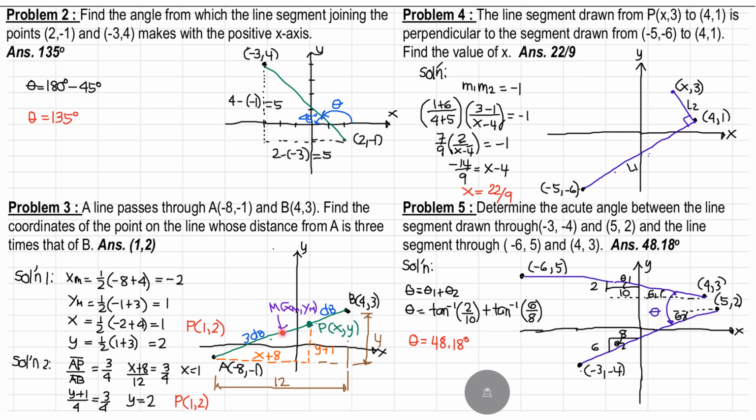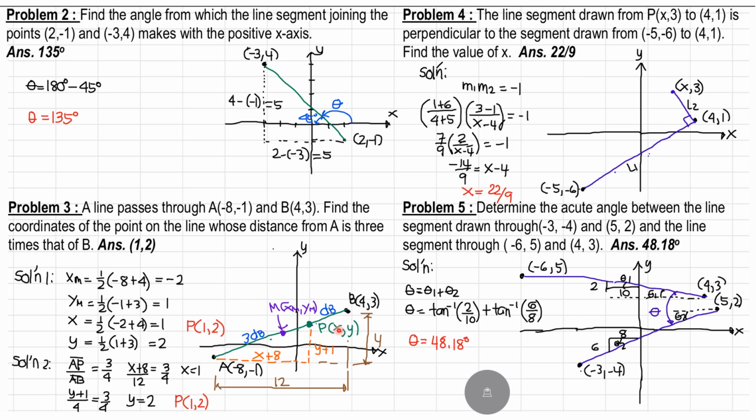Our formula is 1/2 quantity negative 8 plus 4, and that's negative 2. Ym is 1/2 quantity negative 1 plus 3, that's 1. So for P, x is again the midpoint between M and B. So x is 1/2 of xm, which is negative 2, plus xb, which is 4, and that is 1.